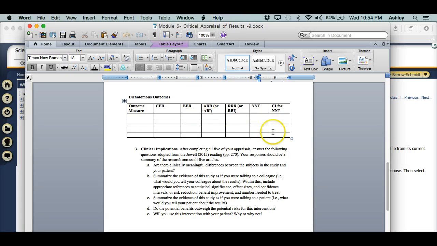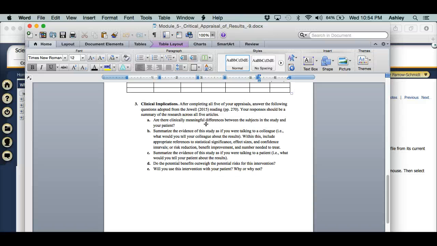For the most part, you should see the number needed to treat and the confidence interval for that. But again, every article is not the same. Nonetheless, there are equations, and you should be provided with enough information to figure that out.